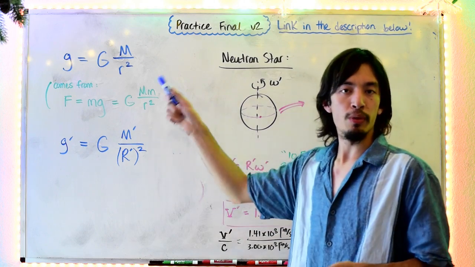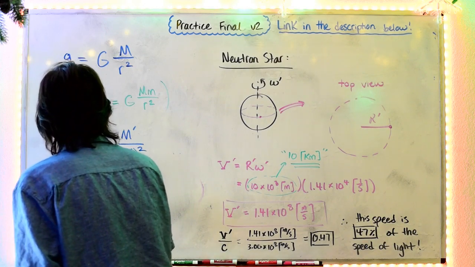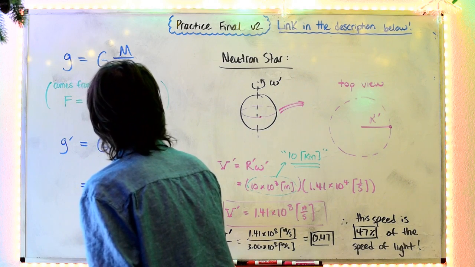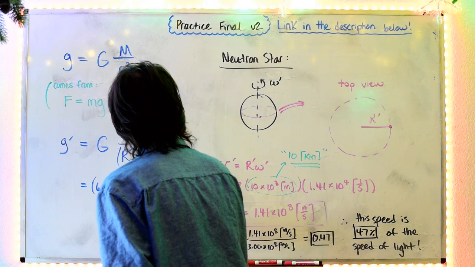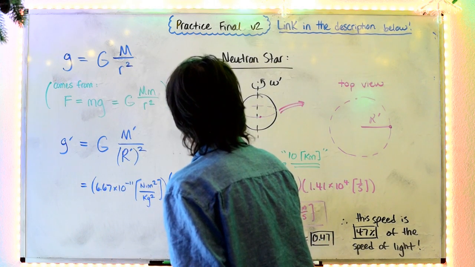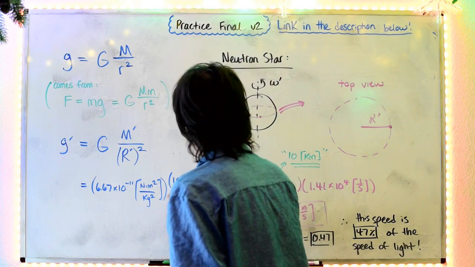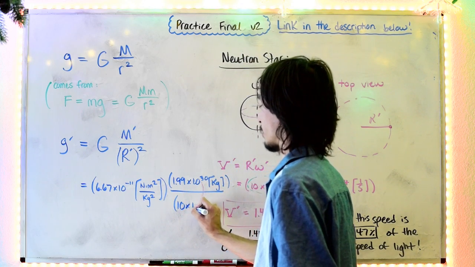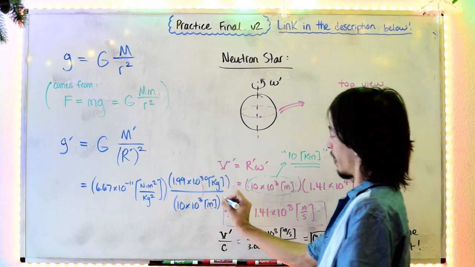We know the mass because it's just taken from the mass of the sun in this case. So we have G, which is 6.67 times 10 to the minus 11th newton meters squared per kilogram squared. The mass of the star is 1.99 times 10 to the 30th kilograms, and the radius is the radius of the neutron star, which is 10 kilometers, so 10 times 10 to the third meters, and don't forget to square it.